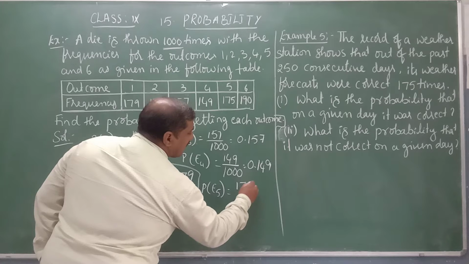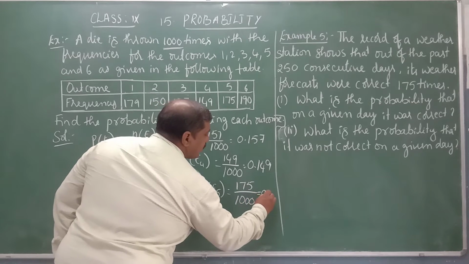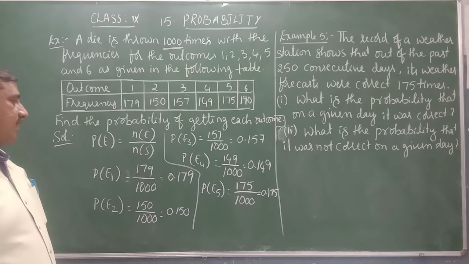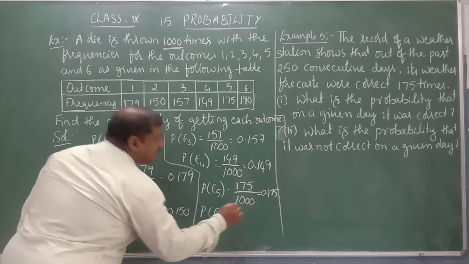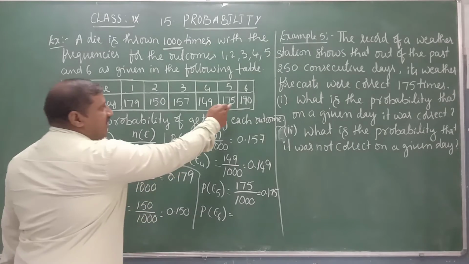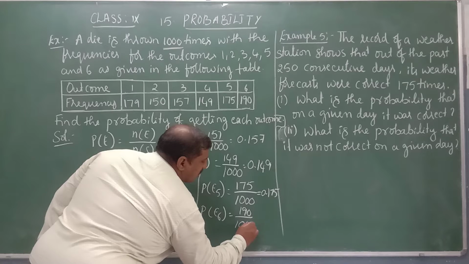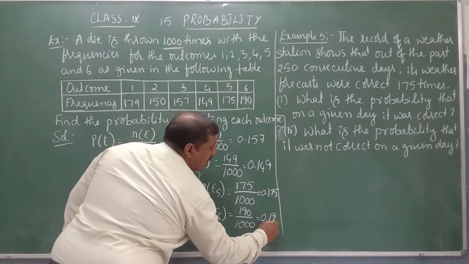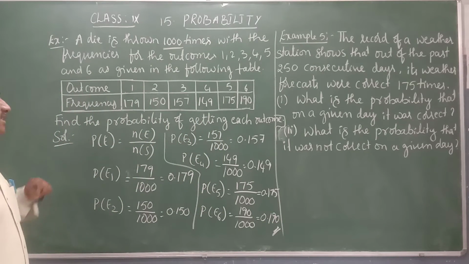That is 175 divided by 1000, we get 0.175. Next, the last probability is P(E6), that is getting number 6. How many favorable outcomes? 190 divided by how many possible outcomes? 1000. So its value is 0.190. Like this we will find the probabilities of all the outcomes.